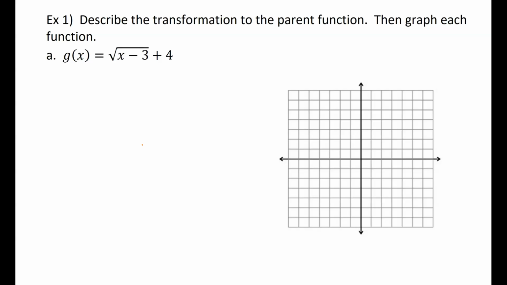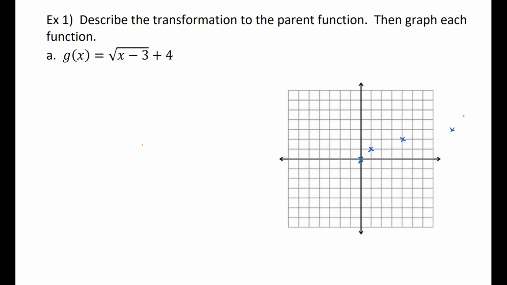Okay, I'm going to start by putting little x's for the parent function in here. So we had 0, 0, 1, 1, 4, 2, and 9, 3. Okay, so that is the parent function.